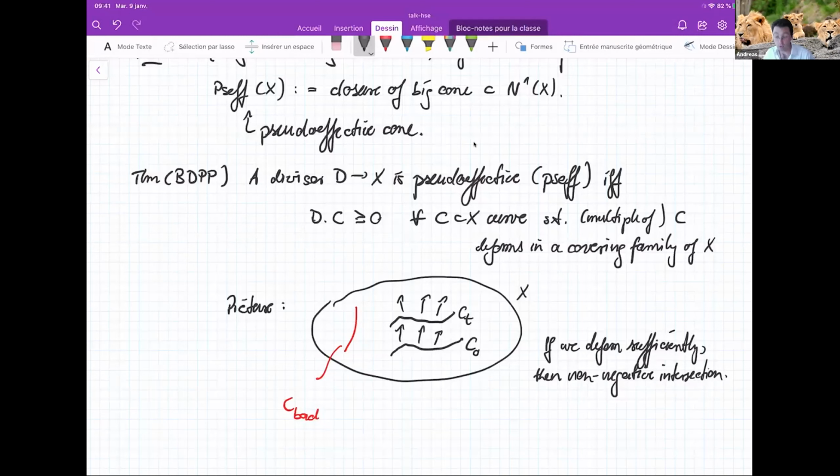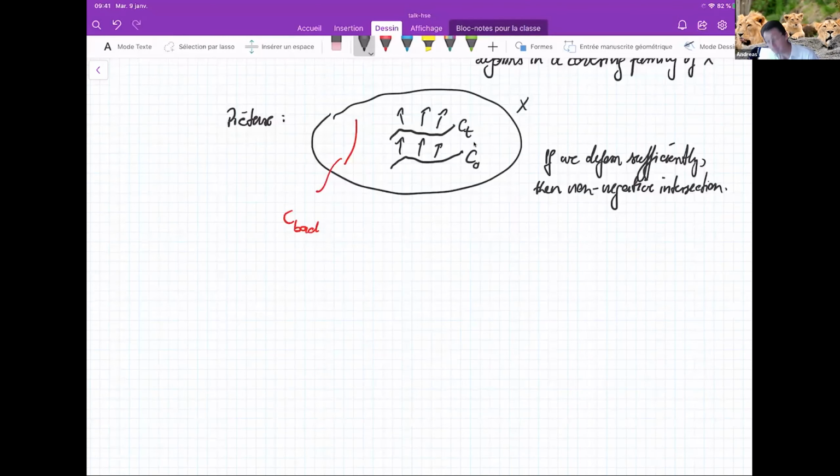Now I want to move on to vector bundles. Now I use this to define positivity of vector bundles. Let me say there are many ways of defining positivity properties for vector bundles. In particular, if you think about metric properties, there are lots of ways to do this.